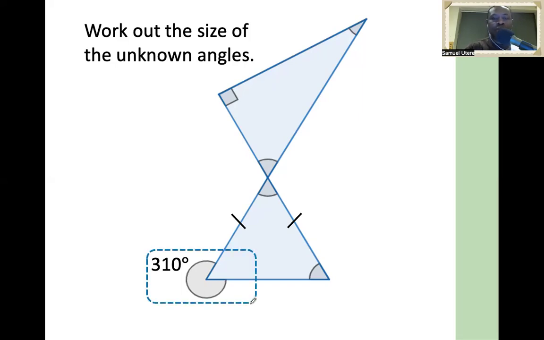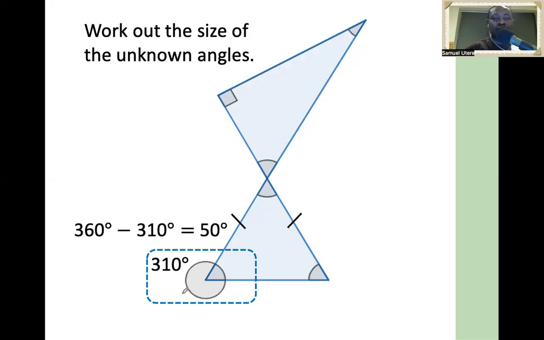Well, we know that the missing angle, when we add it to the angle that we know, will give us a full turn. And we know that a full turn is 360 degrees. So to get the angle that is missing, we can simply do 360 degrees minus 310 degrees. And that gives us 50 degrees.